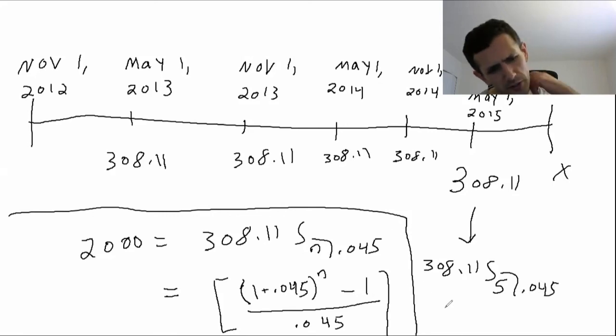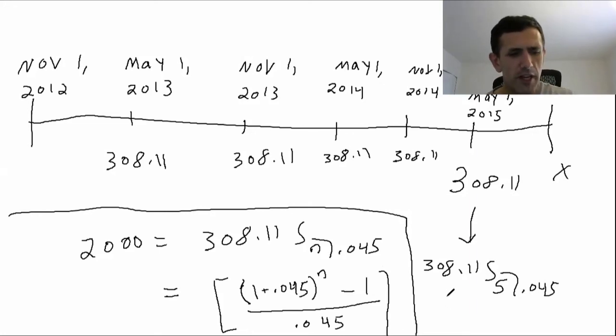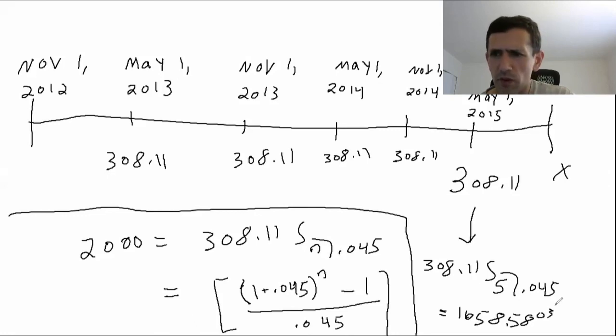And this is going to equal 308.11 times 1.045 to the fifth minus 1 over 0.045. You're going to get roughly 1658.58.